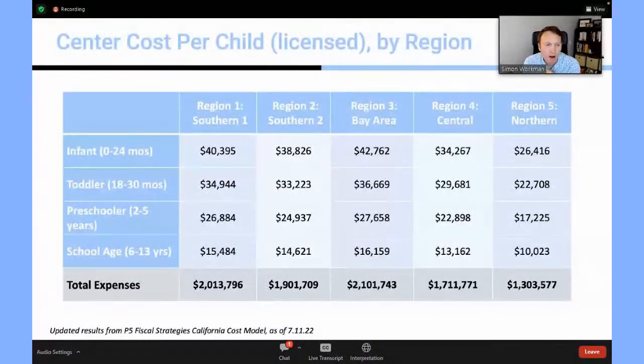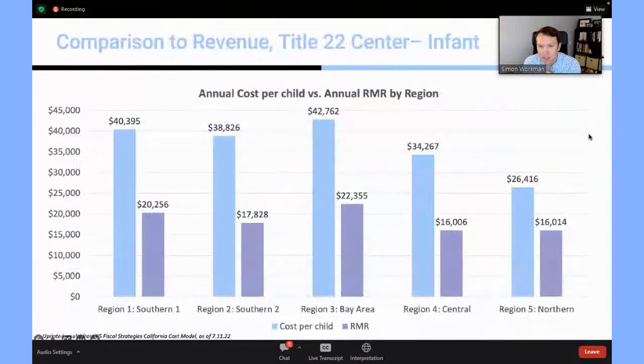The next slide is where we start to get to some of the new content. This is where we were able to put up those numbers from the prior slide and actually compare them to the potential revenue that a program can get. So what you see on the blue bars here is that estimated cost per child from the prior slide put up against the annual RMR for that region.